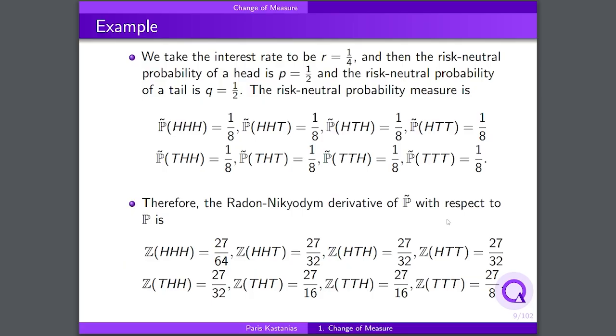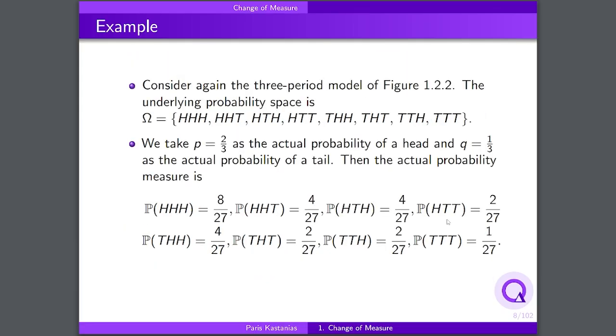So therefore, the Radon-Nikodym derivative of P tilde with respect to P. What was the Z again? Z was P tilde over P. So essentially what we do here is we take whatever the P tilde was.